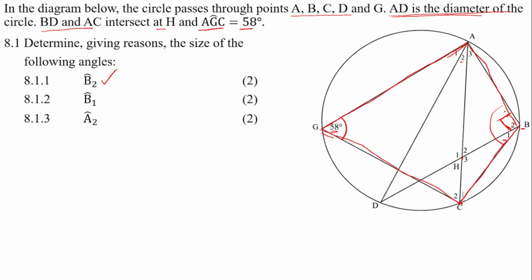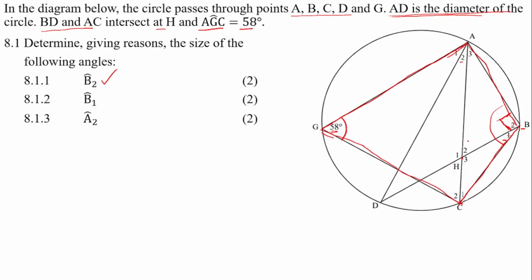So these are opposite angles of a cyclic quad, so they are supplementary. They must add up to what? To 180 degrees. So we can easily find angle ABC. The whole angle ABC is angle B2 and angle B1, right? We'll find that and then subtract 90 degrees from that. Then we're going to get angle B1.